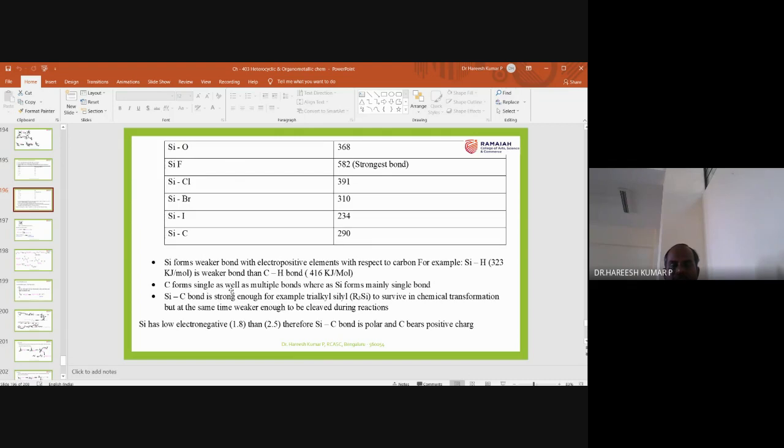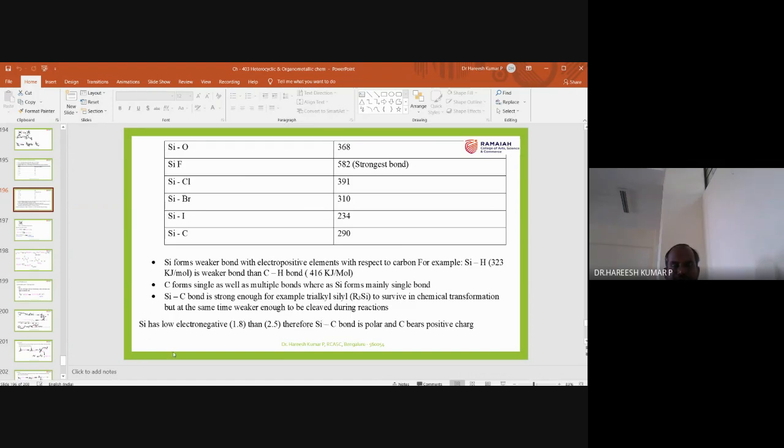Carbon forms single as well as multiple bonds, whereas silicon forms mainly single bonds. The silicon carbon bond is strong enough, for example, a trialkyl silyl is strong enough to survive chemical transformation, but at the same time weak enough to be cleaved during the reaction.